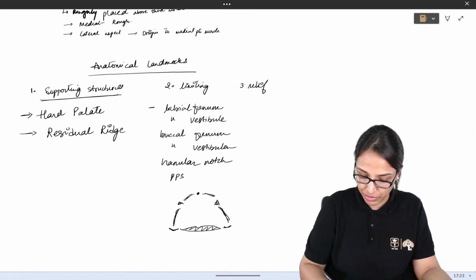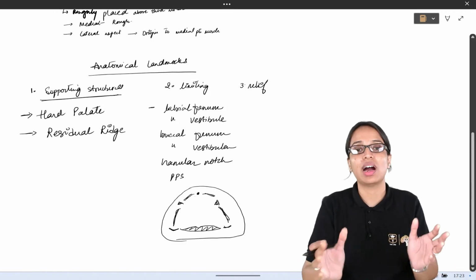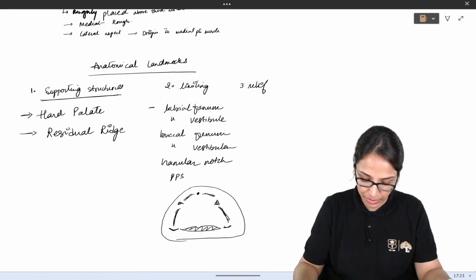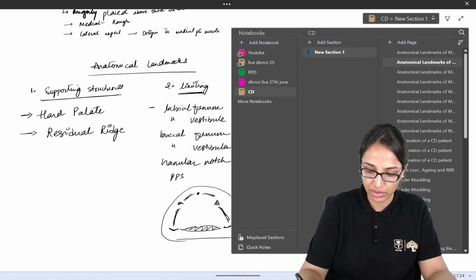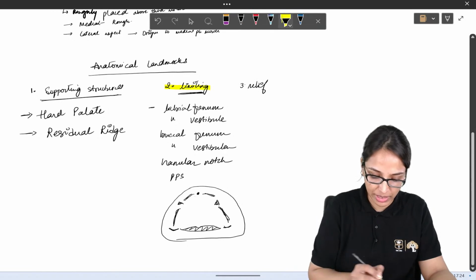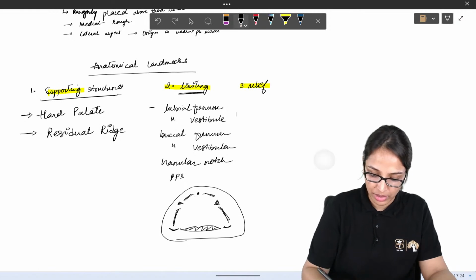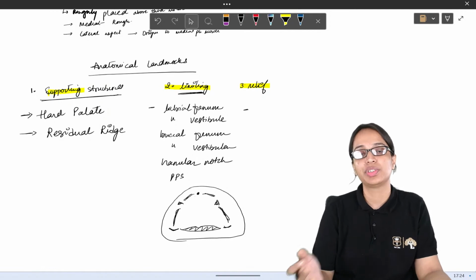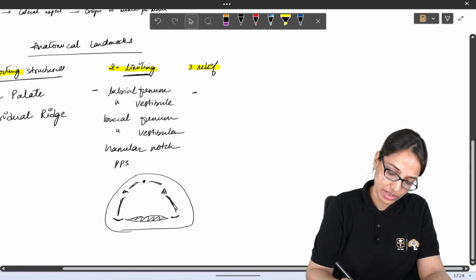If you unite these structures as a whole, they form the outer limit of your denture, which means that a denture should not extend beyond this. That is why they are called our limiting structures. So that would make up the limiting area of the denture. And third is your relief areas. Now, what are relief areas? The areas which cannot take up stress or load are called relief areas.